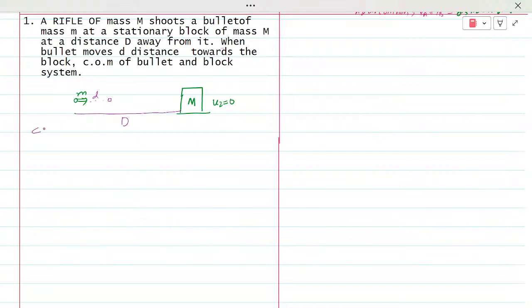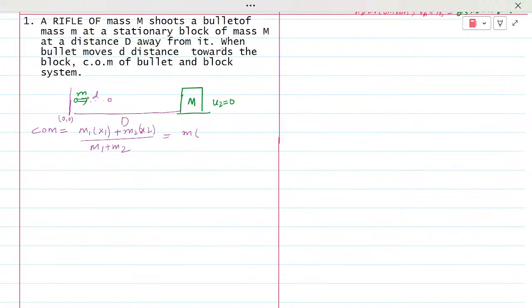So we know center of mass is equal to m1 x1 plus m2 x2 by m1 plus m2. So m1 means small m, and this is the initial point 0, 0.